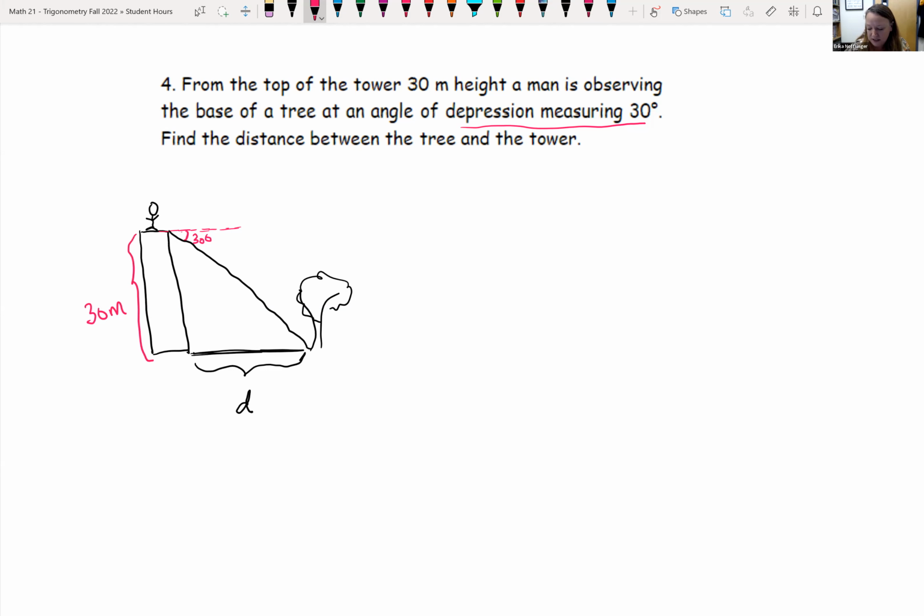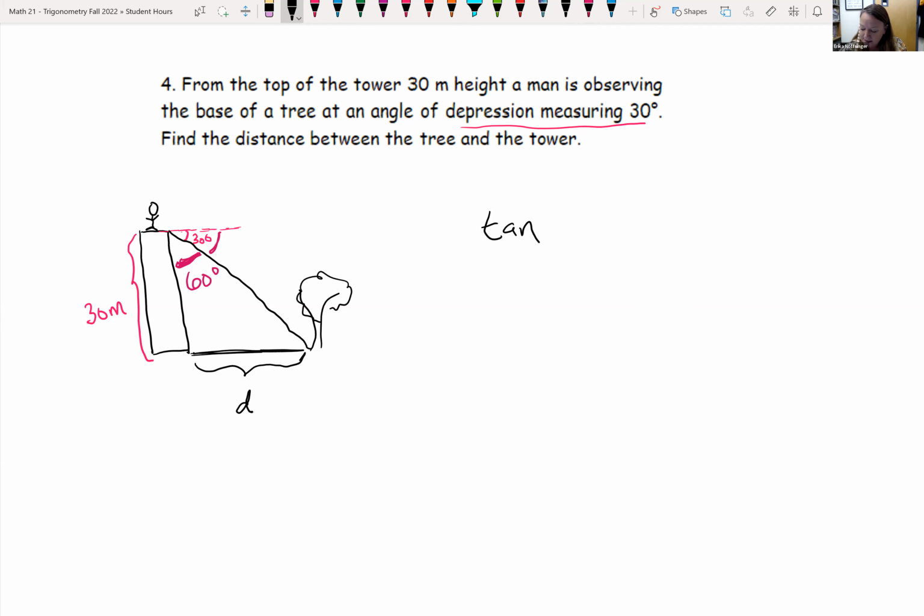So with my triangle, let's figure out what this inside angle of my triangle is. If the other piece was 30 degrees, and this piece here has to sum to 90 degrees, this would have to be 60 degrees. And so with my triangle from 60 degrees, I want the opposite and I know the adjacent. So again, I'm going to use tangent because that deals with opposite and adjacent.